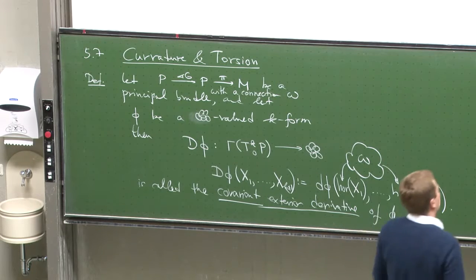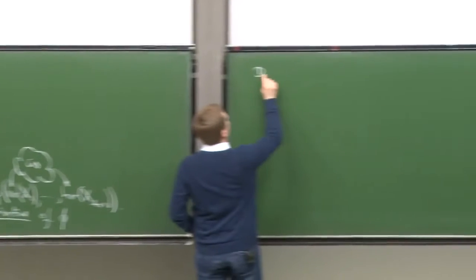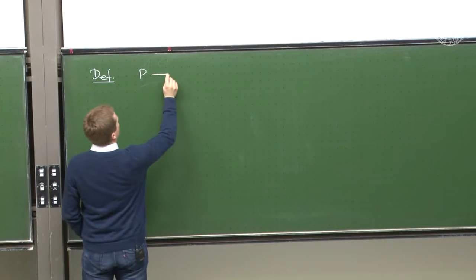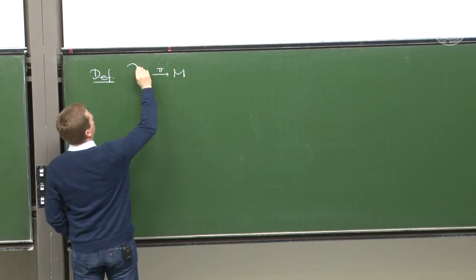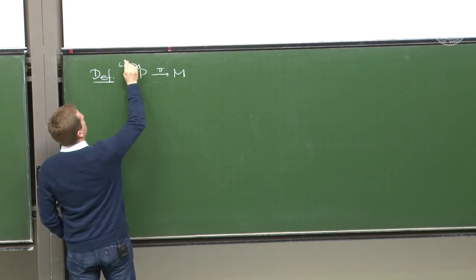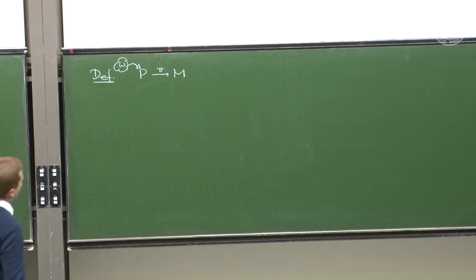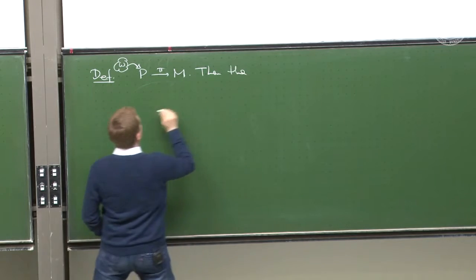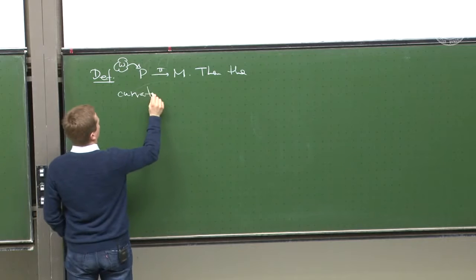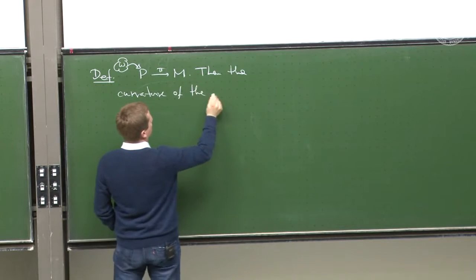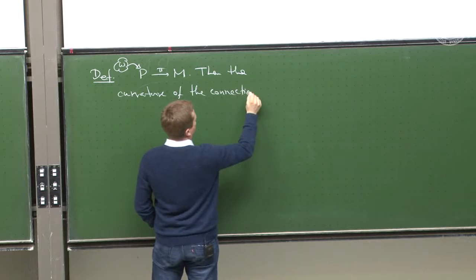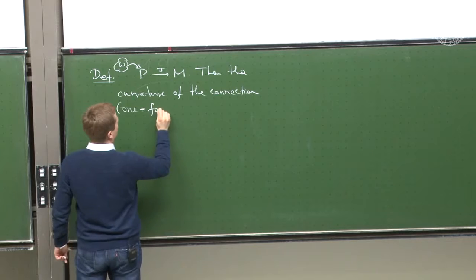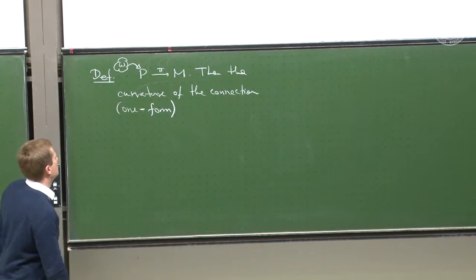Now, the key notion of curvature is defined as follows. So again, we have a principal bundle on which there sits a connection one-form. Then the curvature of the connection, so that's the property of the connection, and if I say connection, technically, of course, this is equivalent to having a connection one-form.